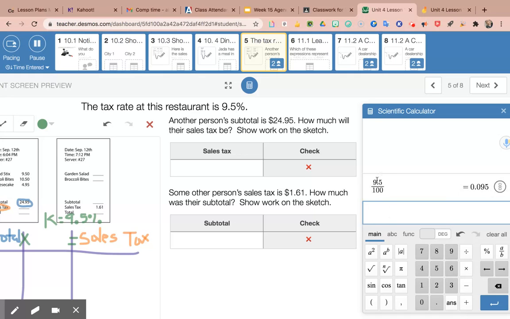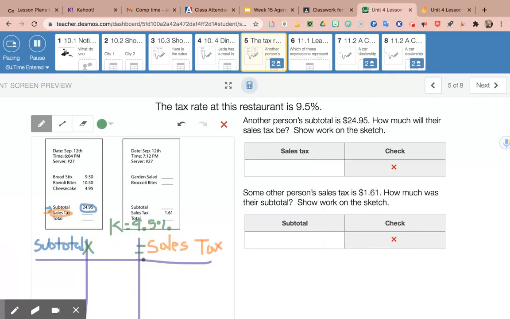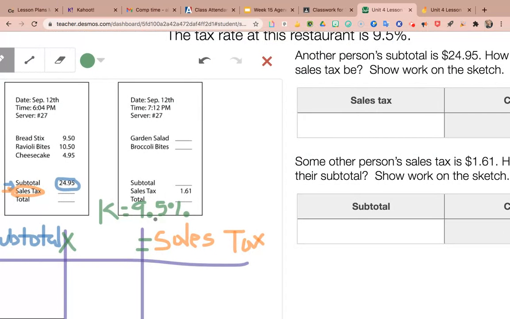So 9.5 out of 100 is 0.095. So percents are out of 100. So this is really 0.095. So 9.5 divided by 100. And that just moves the decimal over to the left 2 places.